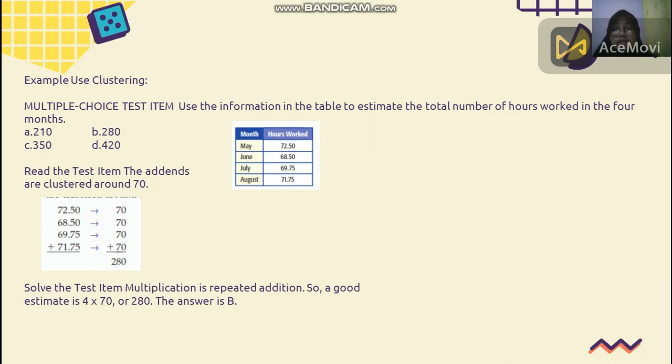Solve the test item. Multiplication is repeated addition, so a good estimate is 4 times 70 or 280. The answer is B.